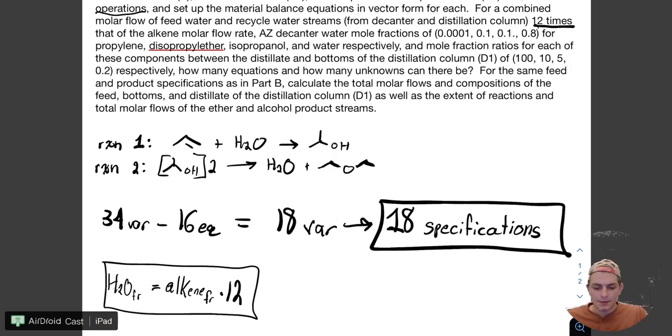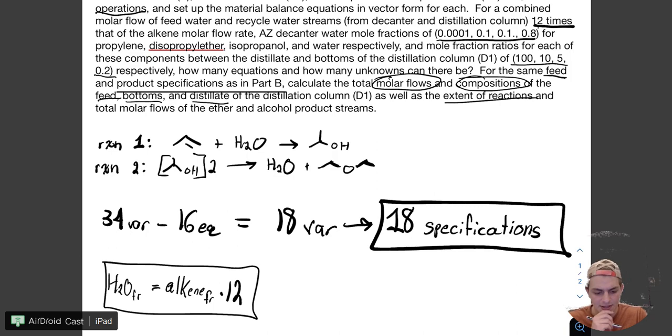We have decanter water mole fractions, and we have our distillate water mole fractions, as well as the same feed and product specifications as in part B. So we want to know molar flows and compositions of the feed, the bottoms, and the distillate of the column, as well as reaction extents and the flows of the ether and alcohol product streams.